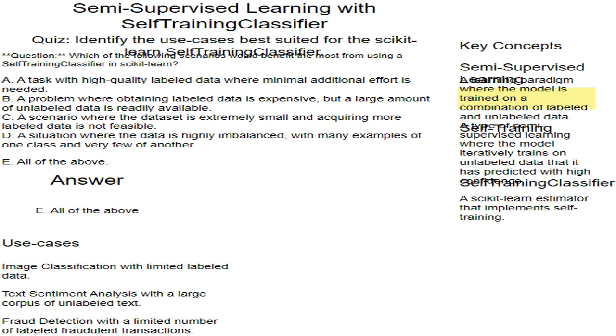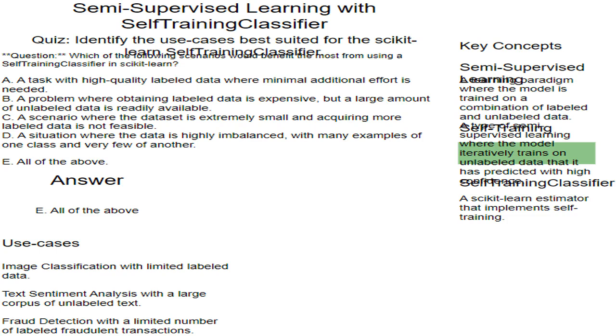Imagine training a model to identify different types of flowers. We have a small set of images labeled with flower names, but we have a large dataset of unlabeled images. We can use semi-supervised learning to train a model that can classify the unlabeled images.